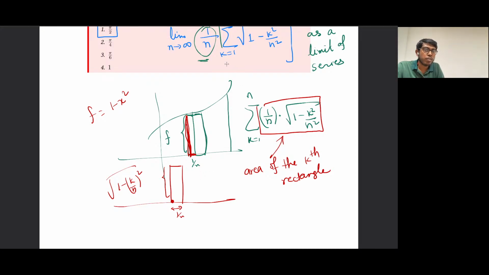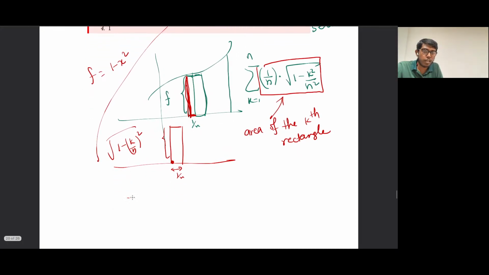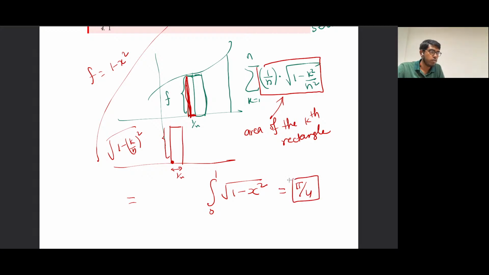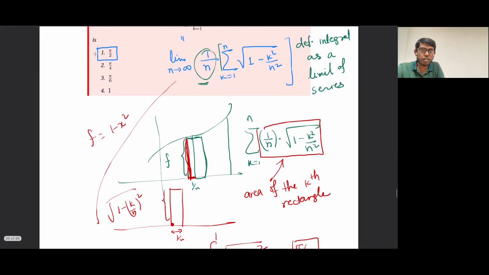That's why this limit is the same as the integral from 0 to 1 of square root of 1 minus x square. And this you can find out is pi by 4. So this is pi by 4, and therefore the right option is pi by 4.